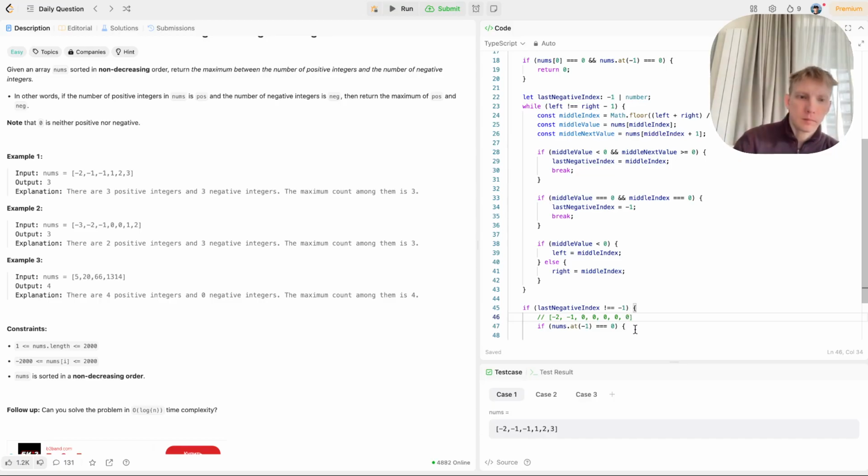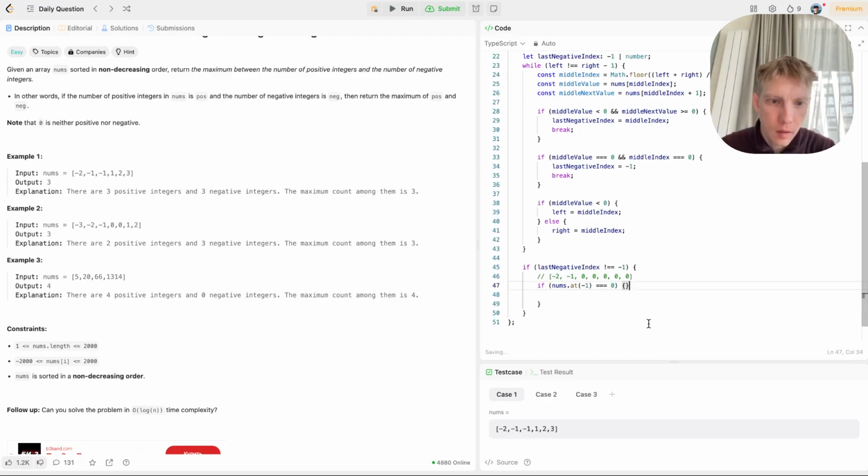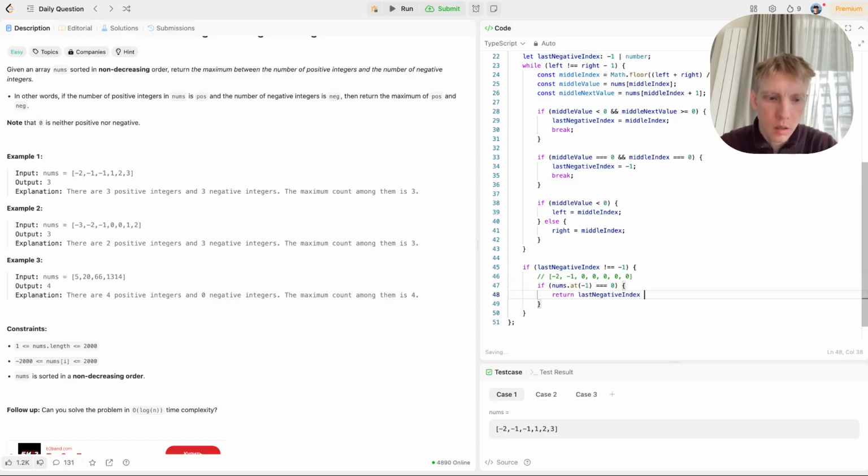Then what do we have? Then we need just to return last negative index plus 1.